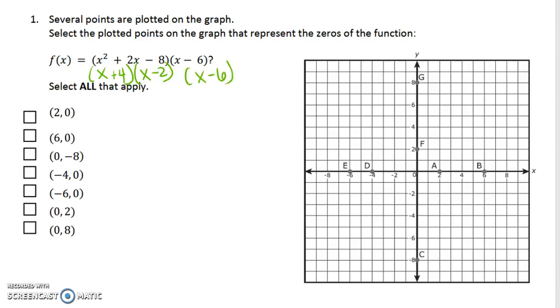So we have a total of 3 zeros. If I set these all equal to 0, I get x equals -4, x equals 2, and x equals 6. So 6 here, we've got a 2 here, and we've got a -4. So we'd have 2, -4, and +6.